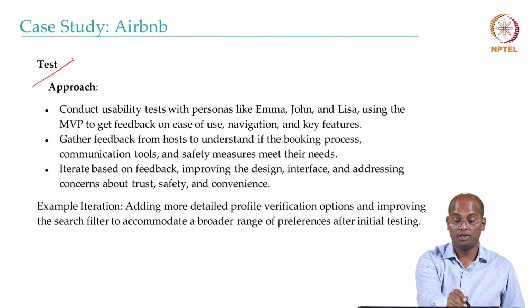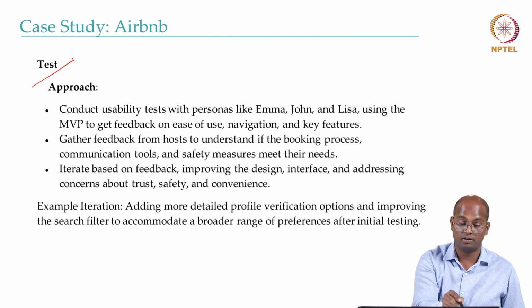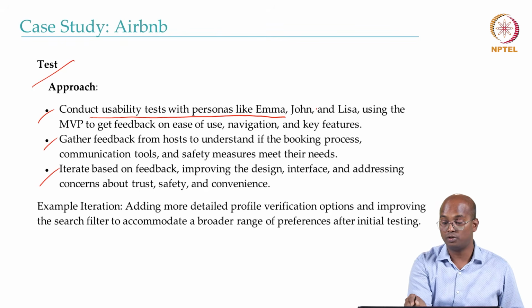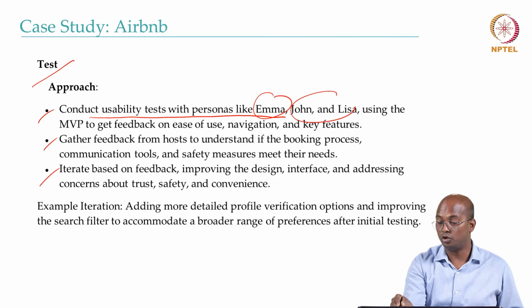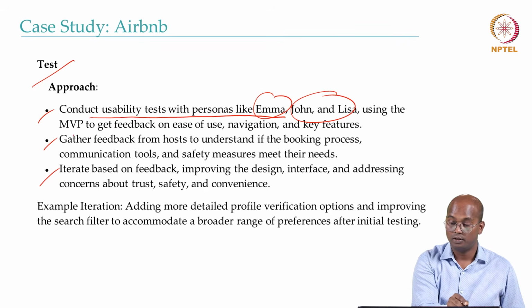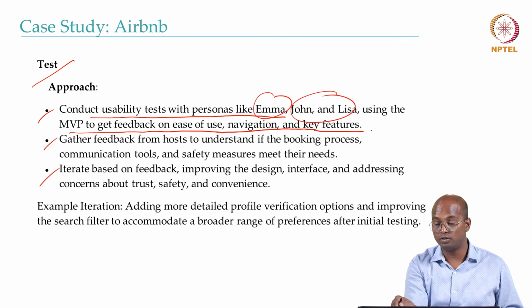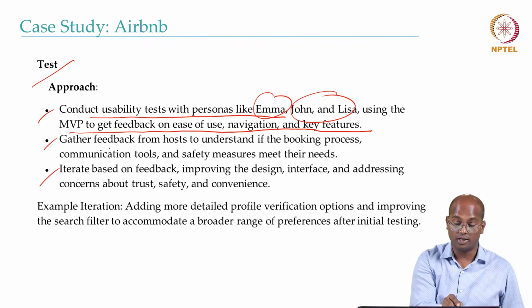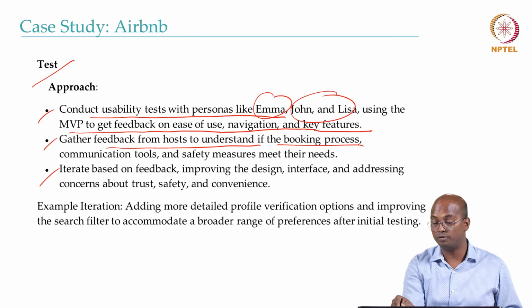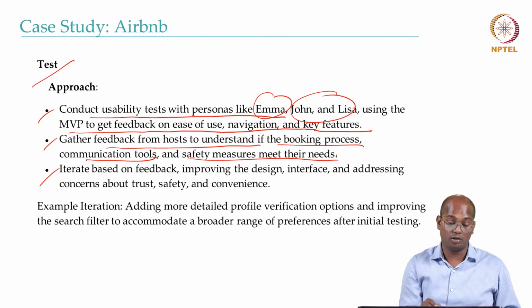So in the test stage, you can see the approach would be to conduct a usability test with personas like Emma, John, and Lisa, using the MVP to get feedback on ease of use, navigation, and key features. Gather feedback from hosts to understand if the booking process, communication tools, and the safety measures meet their needs or not.